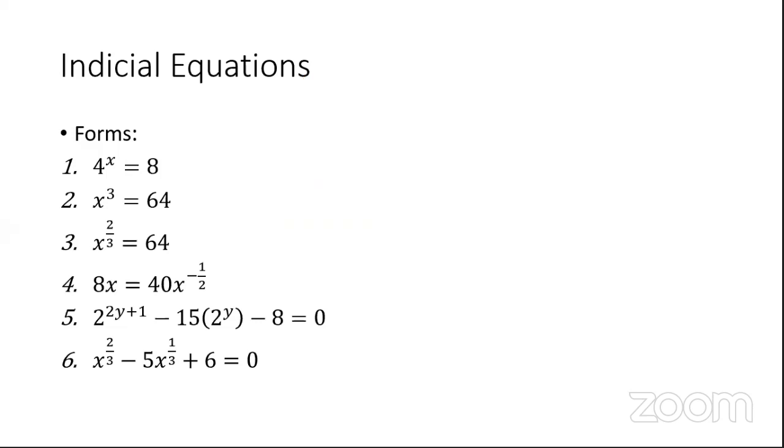So you have 8x equals 40x raised to power minus half. For me to get that, what do I do? I can just divide both sides by x raised to power minus half. I want the x raised to power minus half to come to this side.